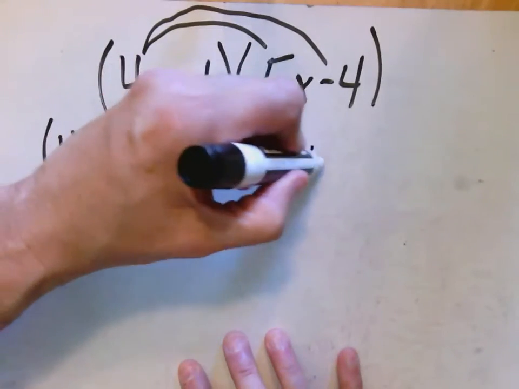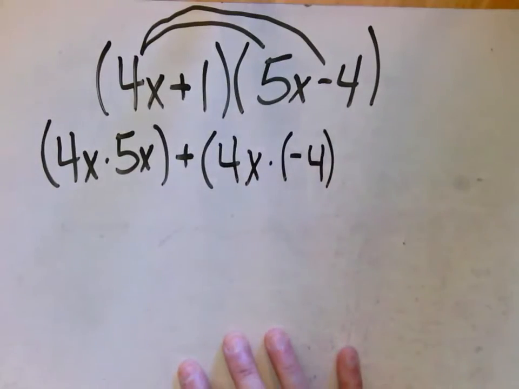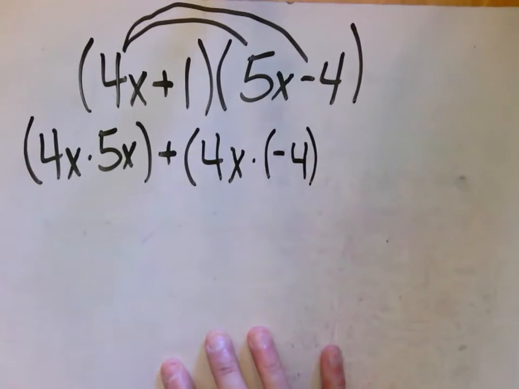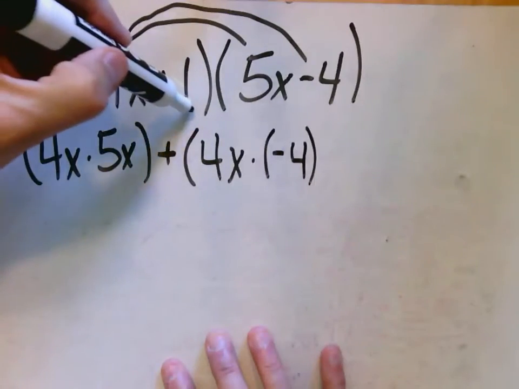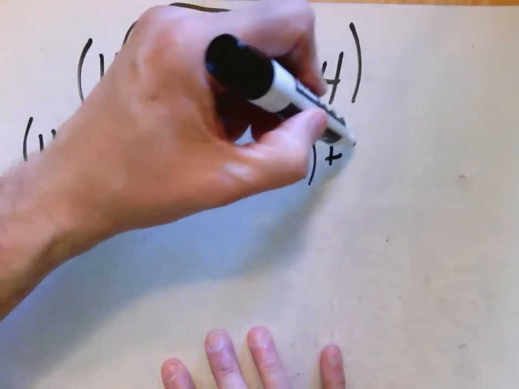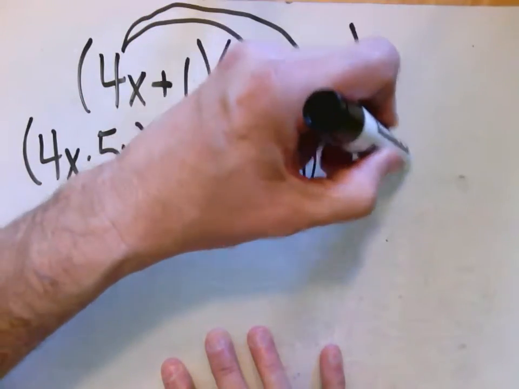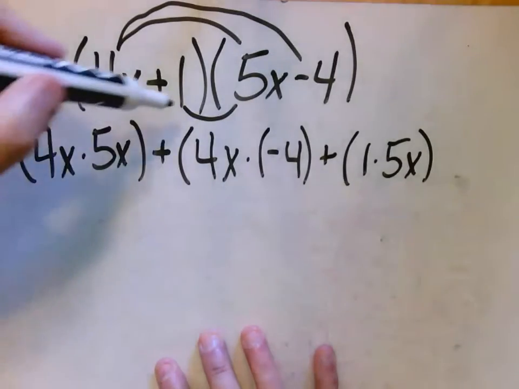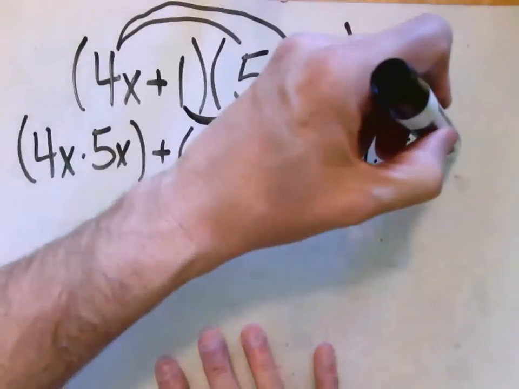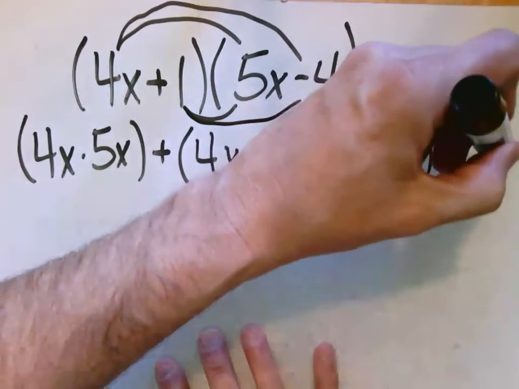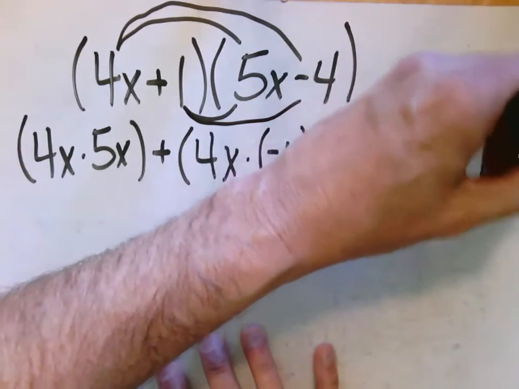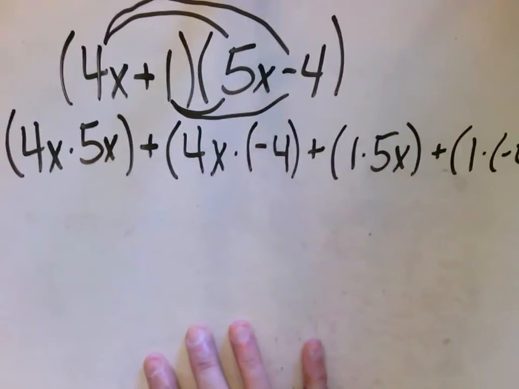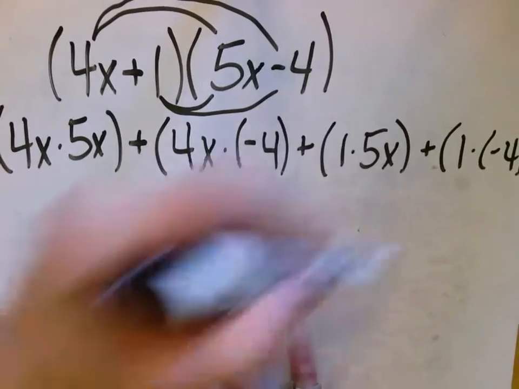And I always put my negatives in parentheses. That's just a force of habit. Okay? We got that one done. Now I've got 1 times 5x. Okay? And then my last one is 1 times negative 4. And I'm just about off the board here, aren't I? Sorry about that, guys.